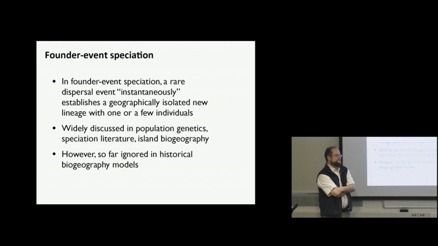If you've read the old literature or the neo-Darwinian synthesis literature, Ernst Mayr and these folks from the 50s and 60s, there was a lot of focus on founder event speciation as a population genetics process. Basically the idea is you have a large population. Large populations have a lot of genetic variation, but they tend to have a lot of inertia against change.